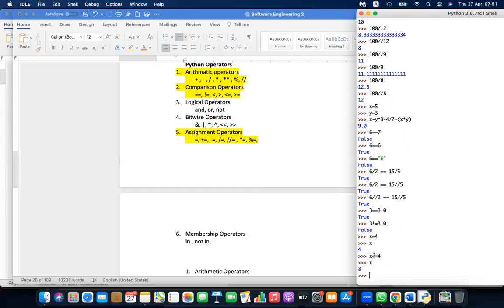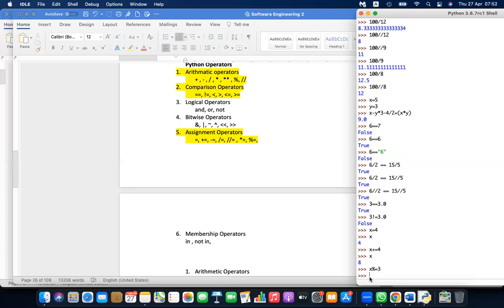Plus equal is similar to adding 4 and assigning back to x. Currently x is 4, add another 4 and assign back to x. Now tell me, x modulus equal 3. What is the value of x?